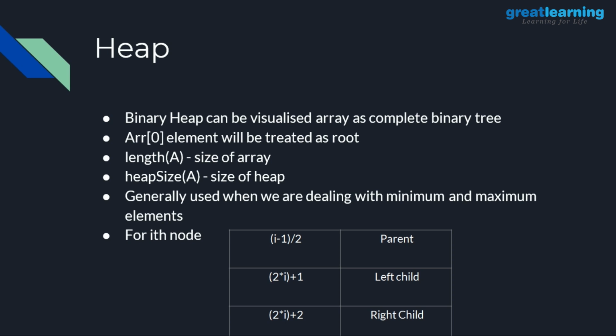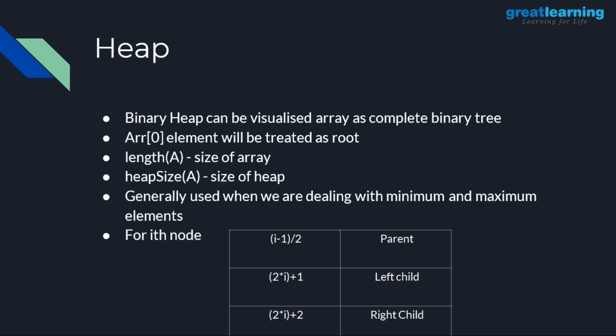Can we find out for a particular index or node who its parent is? Yes, we can. For example, for the element at index 2, we have to find its parent. We know it's 0, but how are we going to calculate it? First, we do 2 minus 1, which is 1. 1 divided by 2, here we are doing integer division, so 1 divided by 2 is 0.5, which is 0.